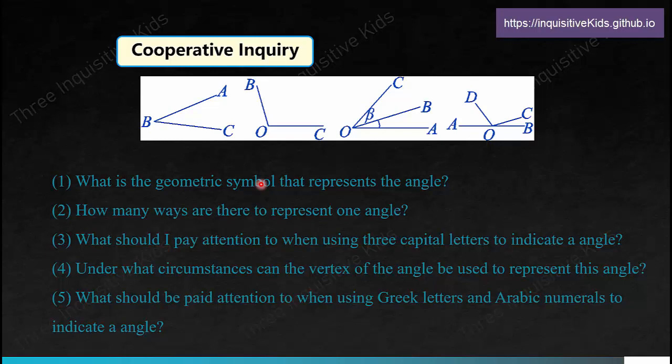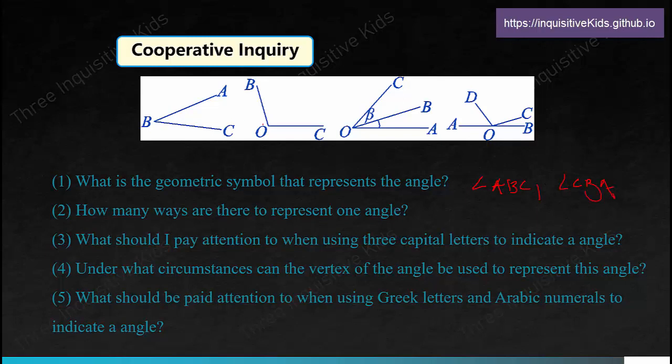Let me go over all the answers of these. What is the geometric symbol that represents the angle? You've probably seen this before. Say we want to mark ABC. The angle would be ABC or CBA.